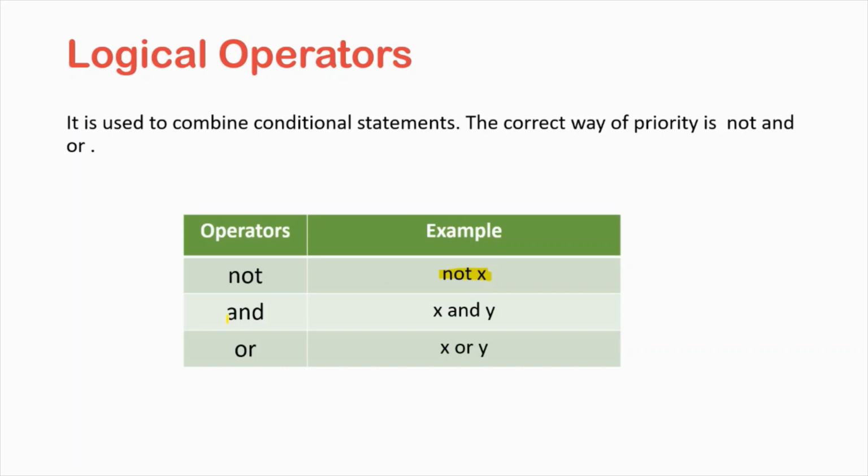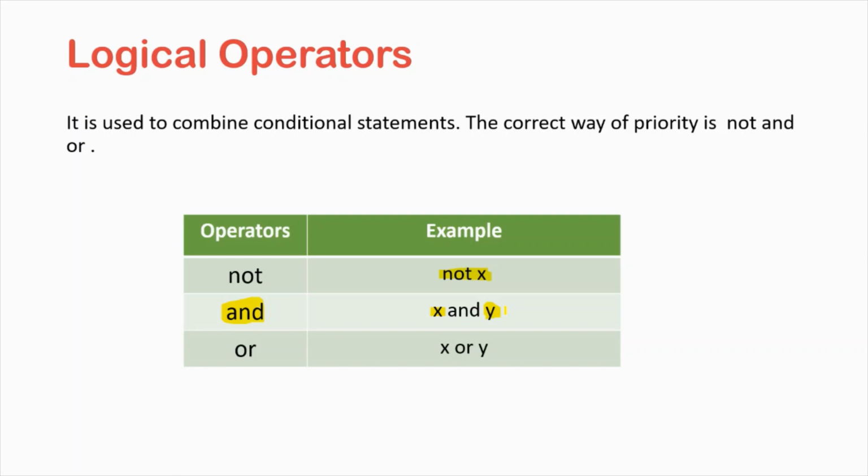Okay, the next is the AND operator. What is this AND operator? Basically we use the AND operator in between two operands. Suppose there are two variables, x and y. If we put AND in between two operands, what will happen?